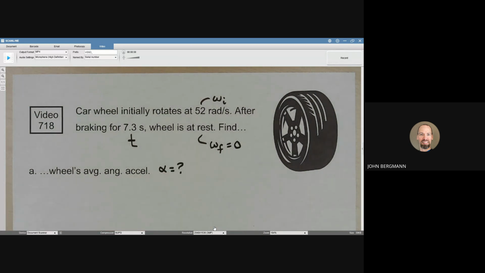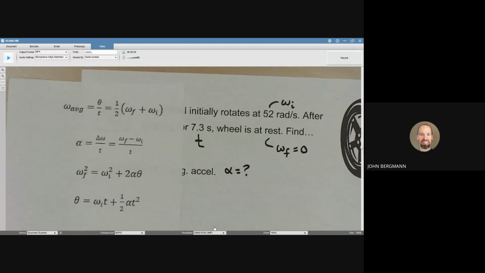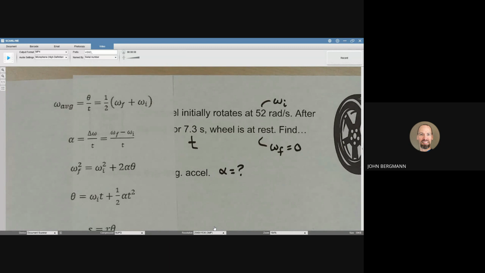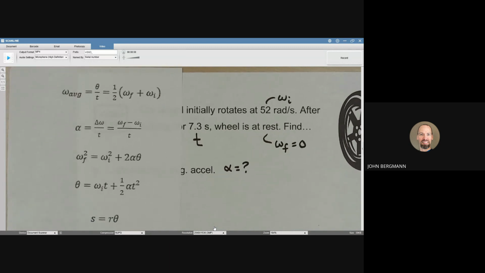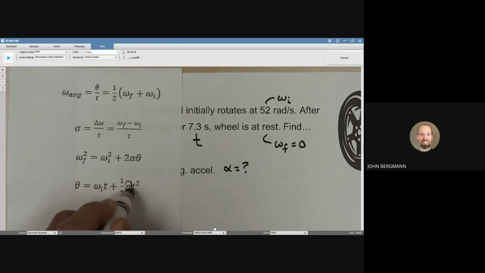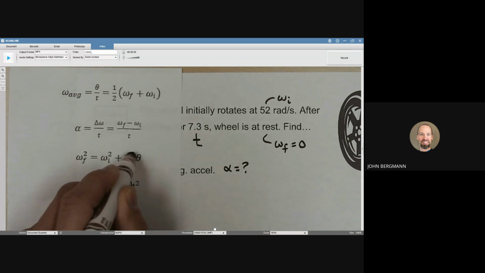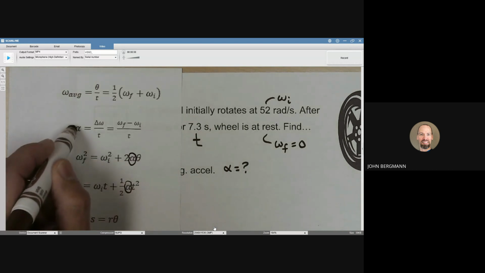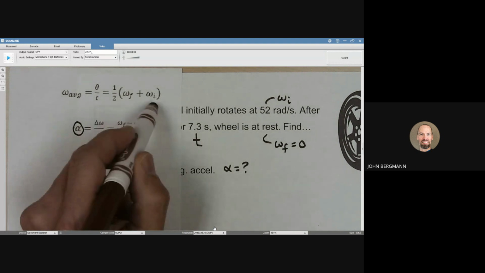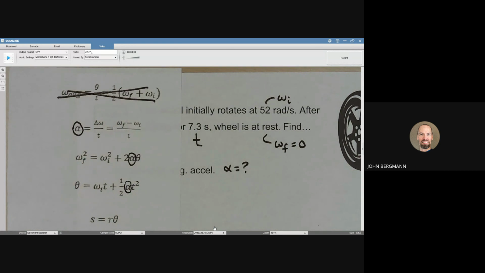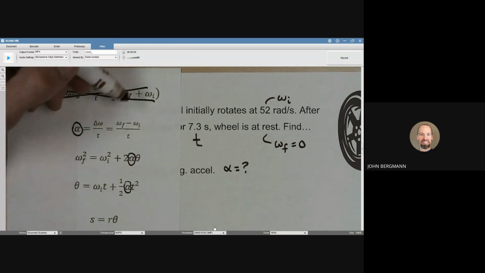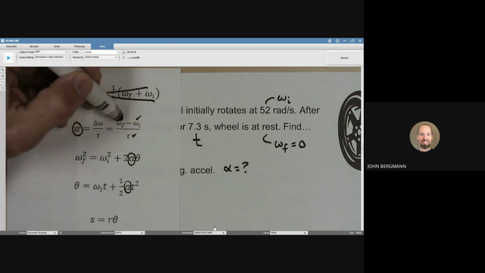So if we go to our angular kinematics equations for constant acceleration, we can see that we are looking for alpha. There's alpha, there's alpha, there's alpha. This equation up top, not going to use that one because it doesn't have alpha in it. And we have omega initial, time, and omega final.